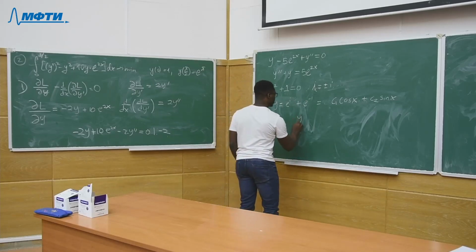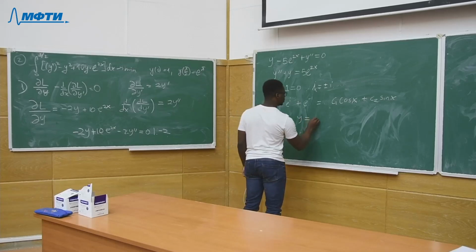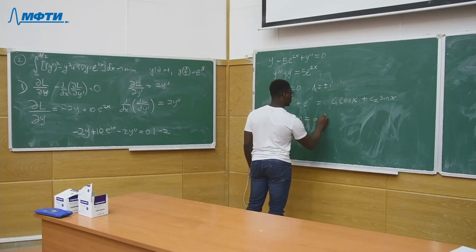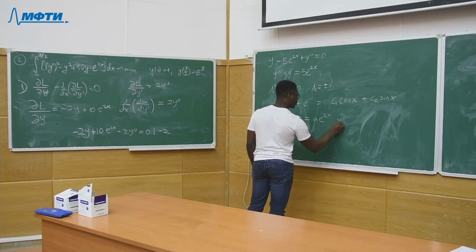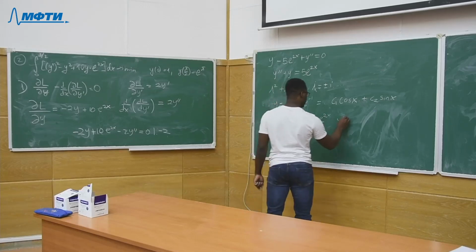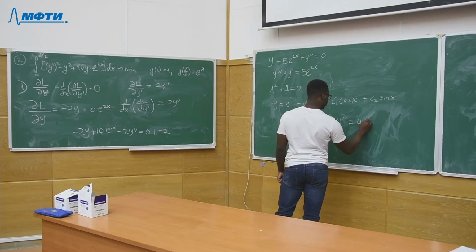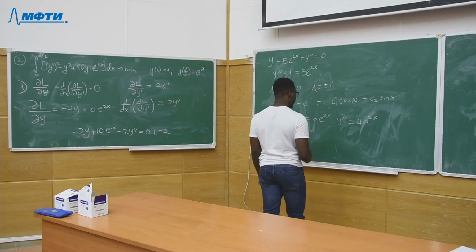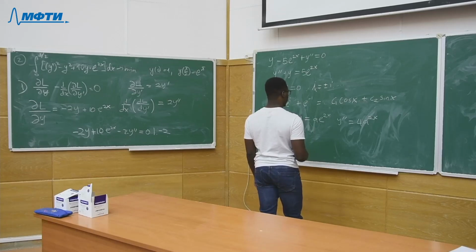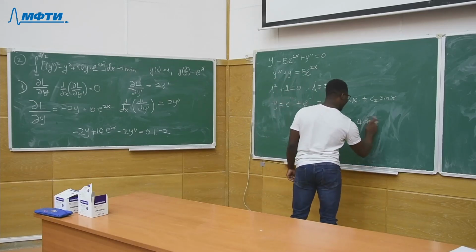Y particular will be a times e to 2x, where a is an undetermined coefficient. You missed e to the power 2x, not a to the power, but e to the power 2x.